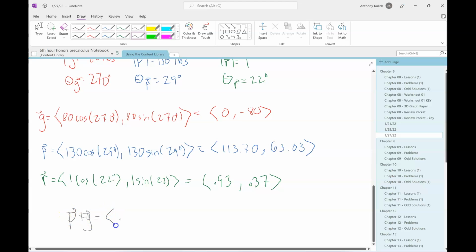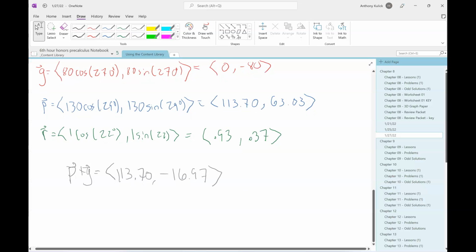So I'm going to go ahead and add the vectors P and G together. There's that.